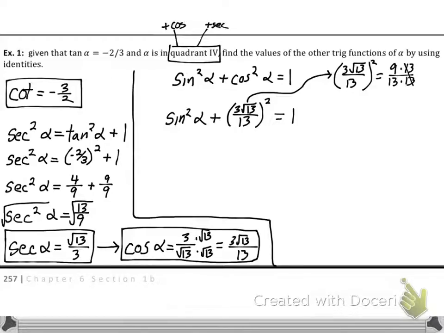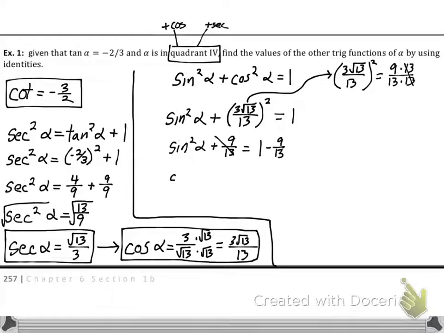All right, so we have sine squared alpha plus 9 over 13 equals 1. Well, I'm just going to subtract 9 over 13 from both sides. If I go too fast, someone yell stop, because I'm going to do this kind of in my head. Well, 1 is 13 over 13, right? To have a common denominator. And 13 minus 9 is going to be 4.